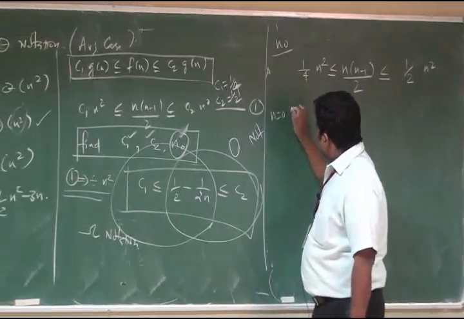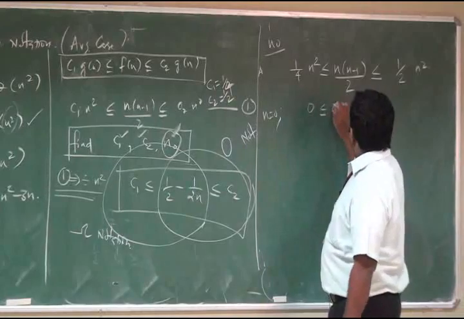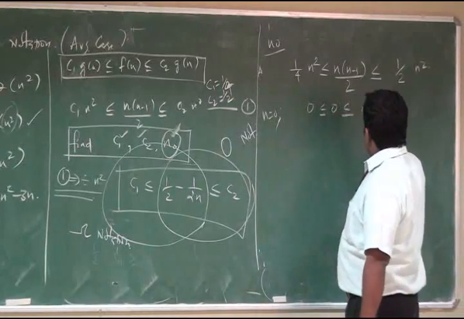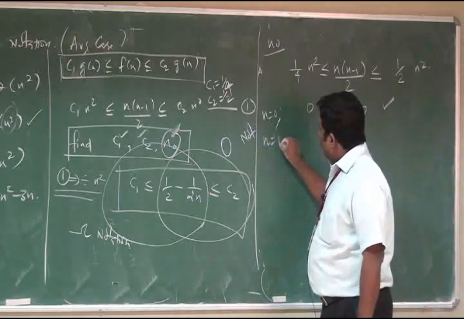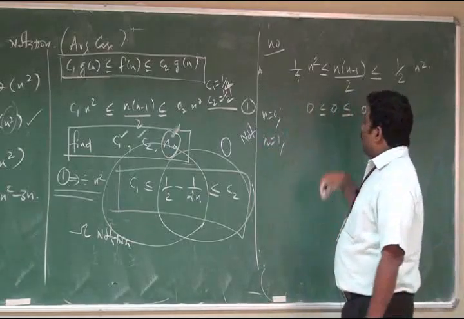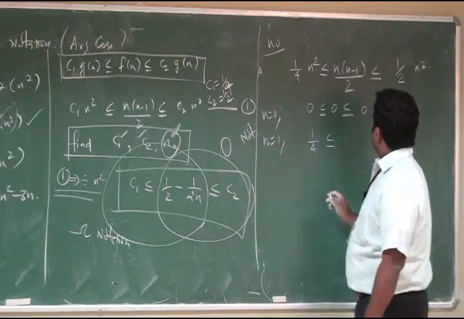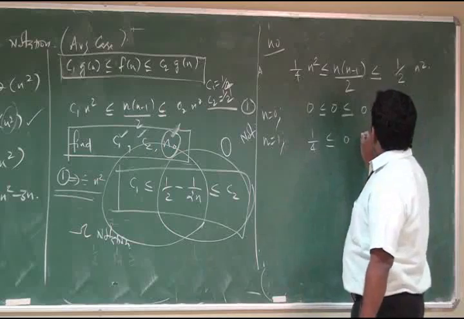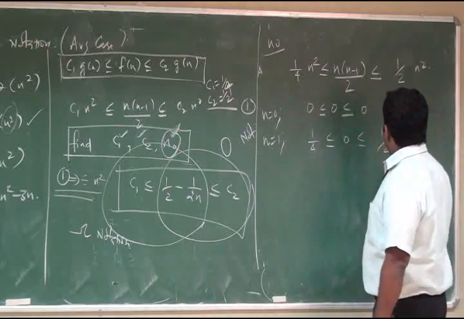Now apply 0. You are getting 0 less than or equivalent to 0 less than or equivalent to 0. Yes, it is true. Everything is equal. Now apply n equivalent to 1 here. If you apply n equal to 1, you are getting 1 by 4 less than or equivalent to 0 less than or equivalent to 1 by 2.